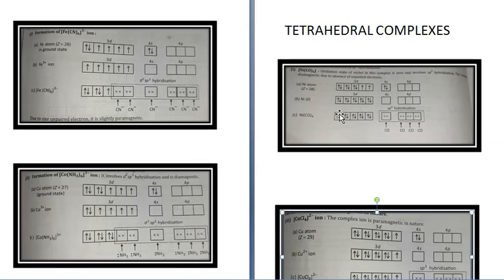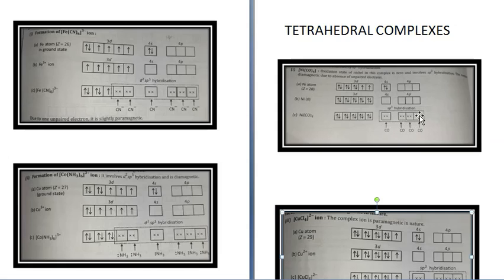Oxidation state of nickel is 0. So what happens? The 2 electrons of 4s come and pair up with the 3d, and 4s becomes empty and 4p also becomes empty. Now the 4s and 4p orbitals hybridize, so s and 3 of p. So sp³ hybridization takes place. They form 4 sp³ hybrid orbitals, and then the CO, which contains a lone pair, forms coordinate bond with each one of these 4 COs.